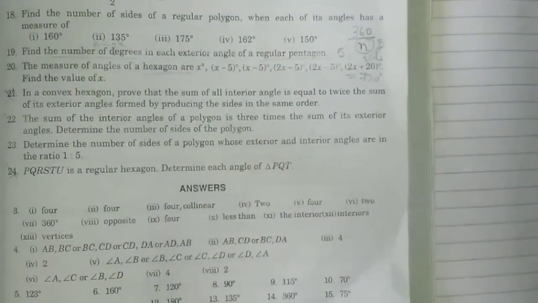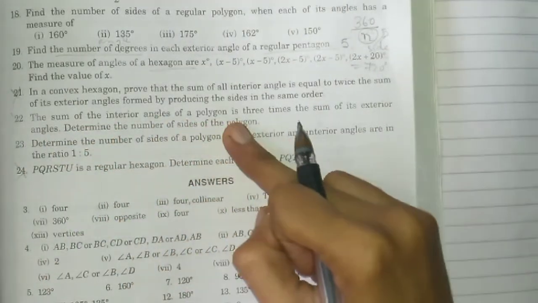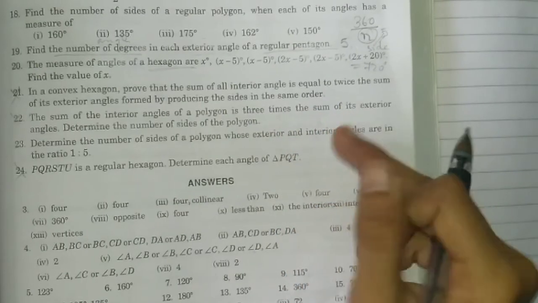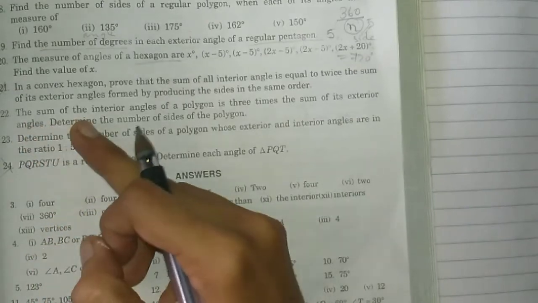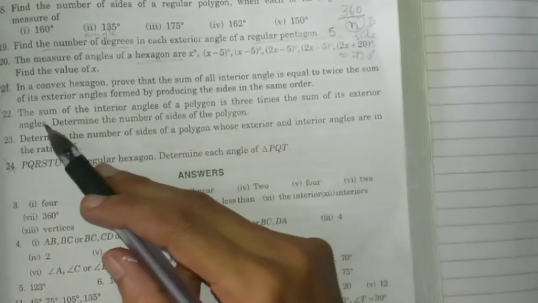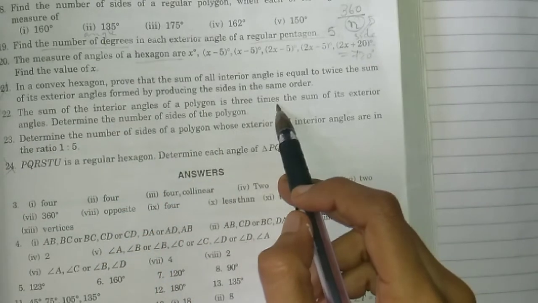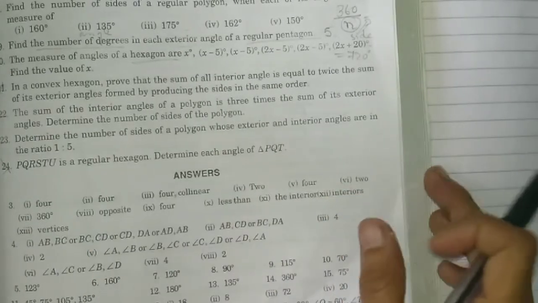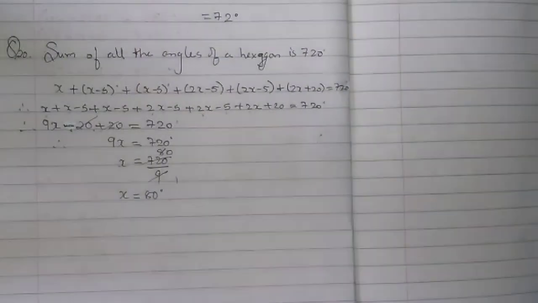In 22, the sum of the interior angles of a polygon is 3 times the sum of its exterior angles. We are given that the sum of the interior angles is equal to 3 times the sum of the exterior angles, and we have to find the number of sides of the polygon.